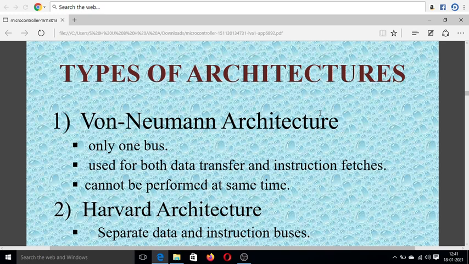Separate data and instruction buses exist, and that architecture was invented at Harvard University, so it is named the Harvard architecture.